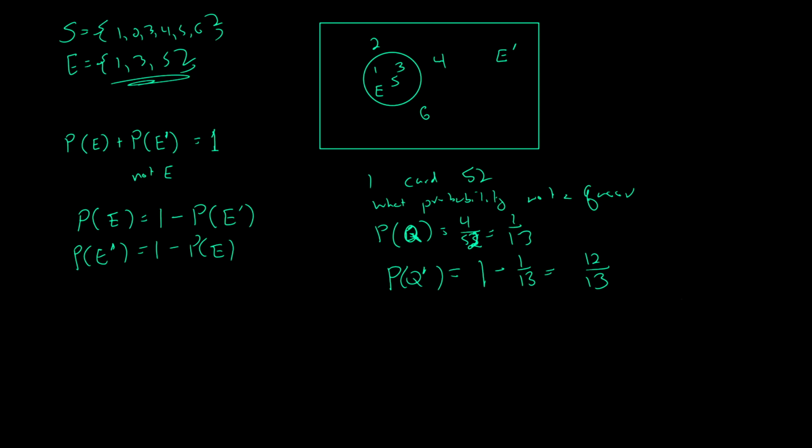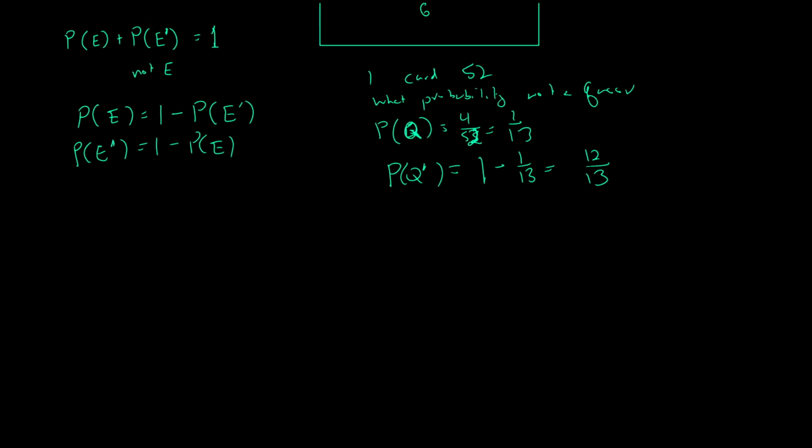What we can do then is also combine events, and these work together. Again, looking at the probability space, let's say I have 2 different events. Let me get this shape right.